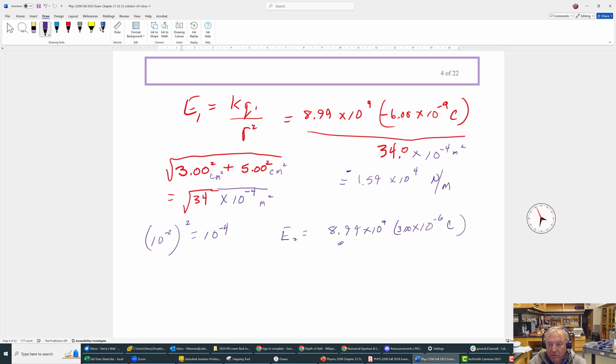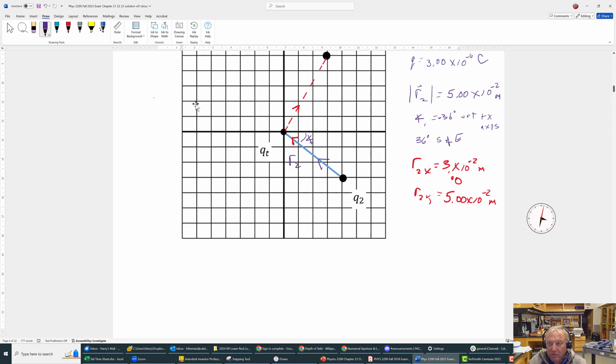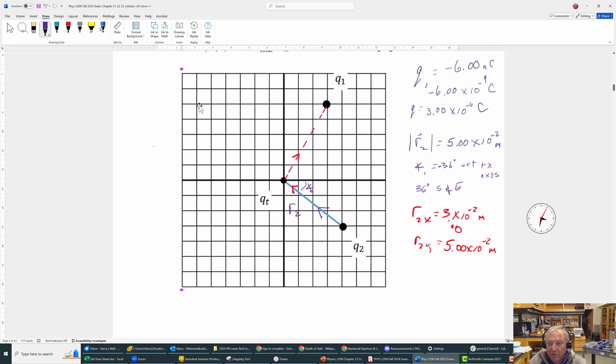Coulombs. And then we know R2. Well, these are both R1. So I goofed it there. And let's fix that. R1. And R2 is 5 centimeters.